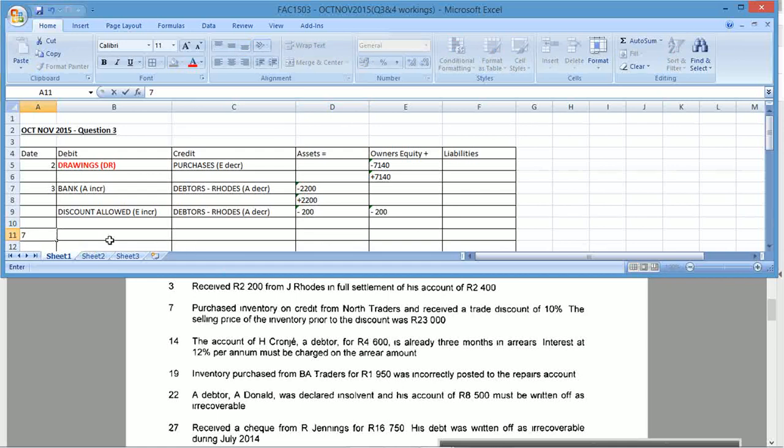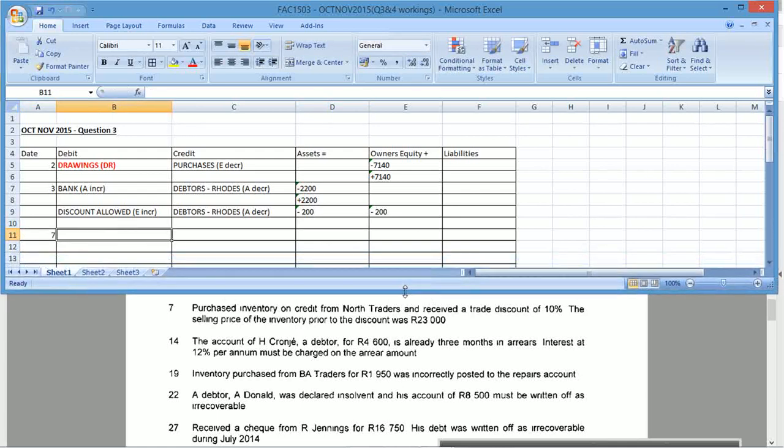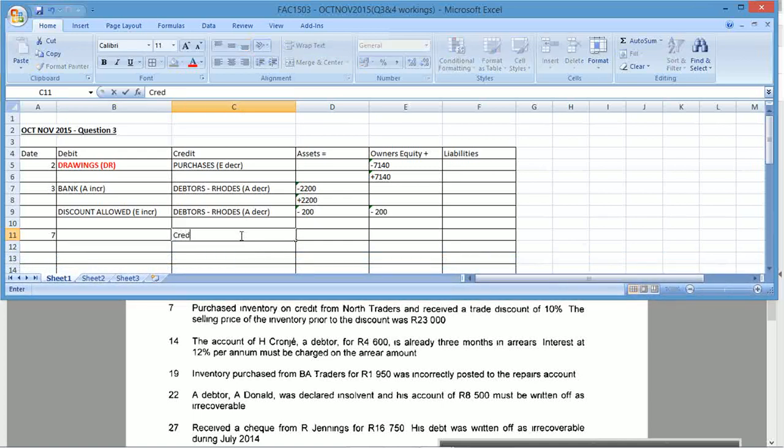Number 7. Purchase inventory on credit. If you're buying inventory on credit, your liability will be affected positively. So creditors, North, liability increase. They received a trade discount. Remember, trade discounts are taken off and left off. You don't show the trade discount. Selling price was that prior to the discount. I'm buying stock, so purchases will go up. Creditors is a liability. Liability going up, so plus.